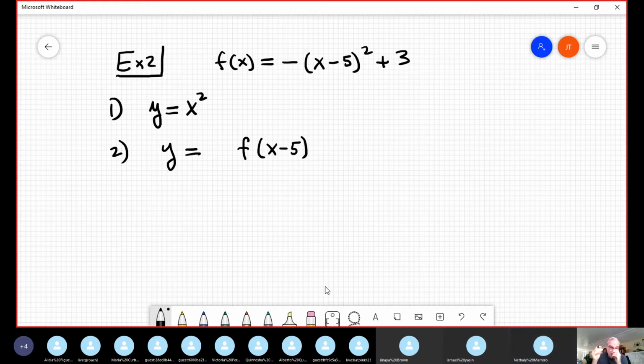Horizontal shift to the right 5 units. Very well. Now the next transformation, according to the order of operations, is this minus here. What does this minus mean? It's a reflection, but is it a reflection about the x or the y axis?